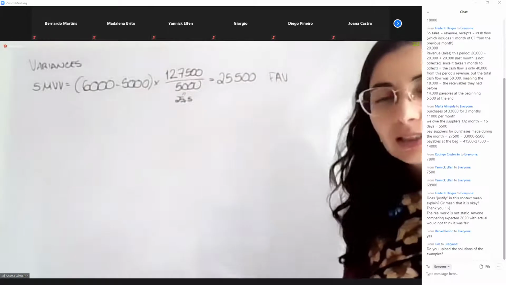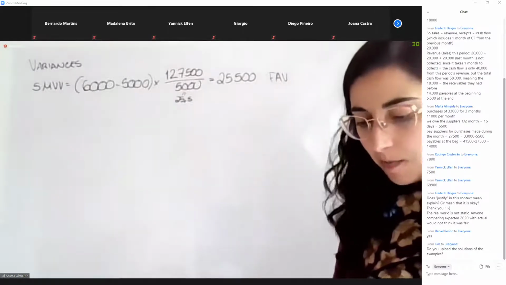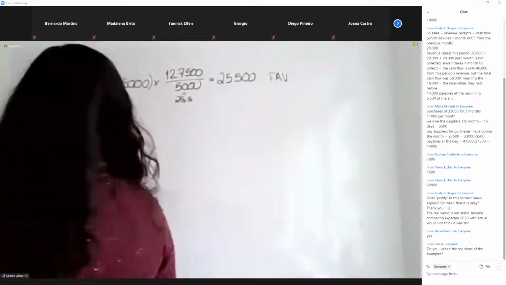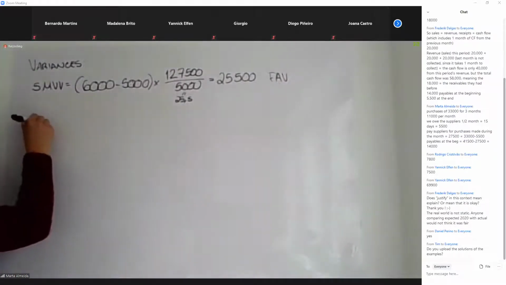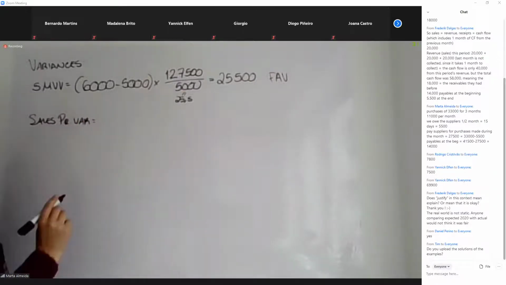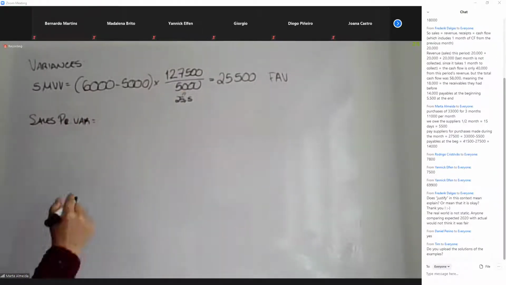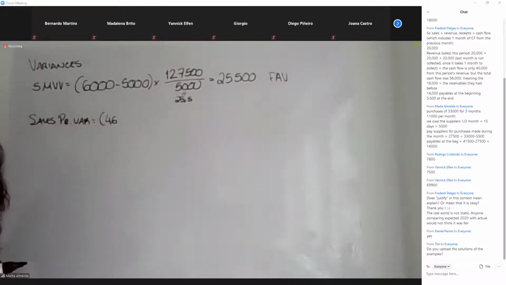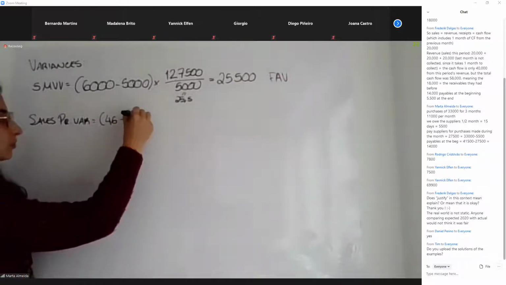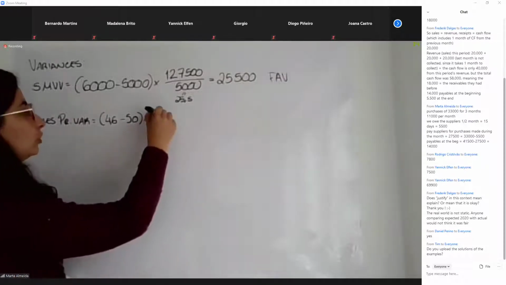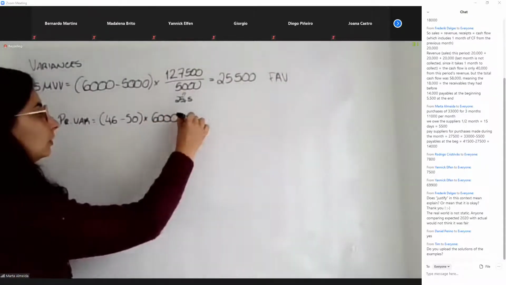Then we will calculate the sales price variance. Sales price variance is the actual selling price minus the budgeted selling price times the actual volume. The actual selling price was £46 per unit, minus the budgeted selling price, which was £50 per unit, times the actual volume. The actual volume was 6,000 units.